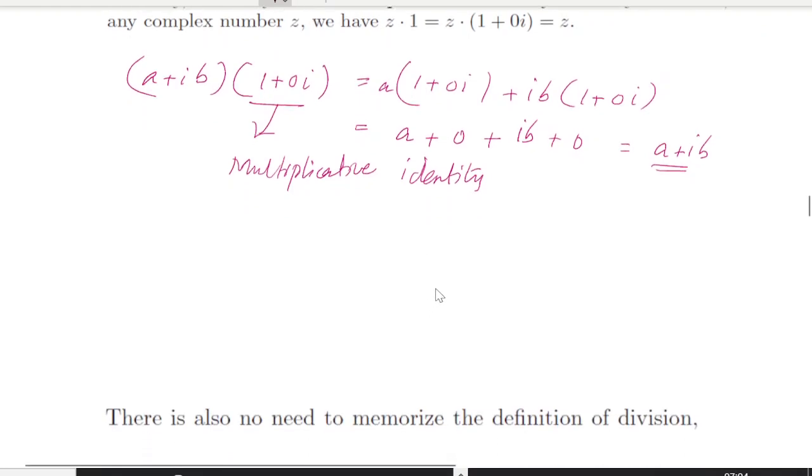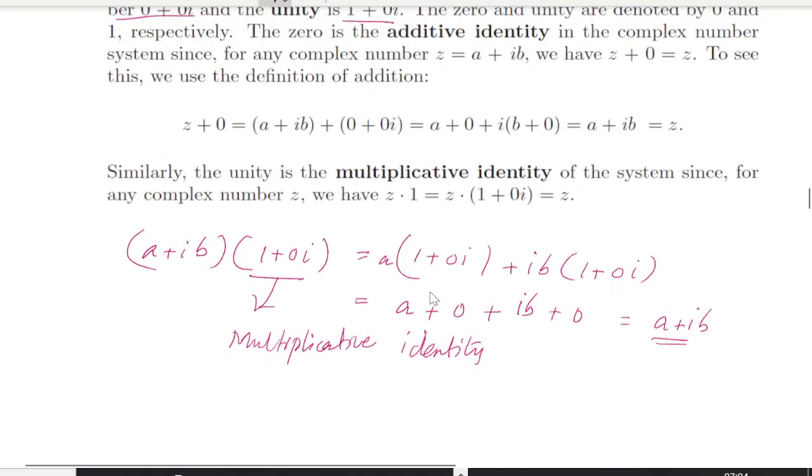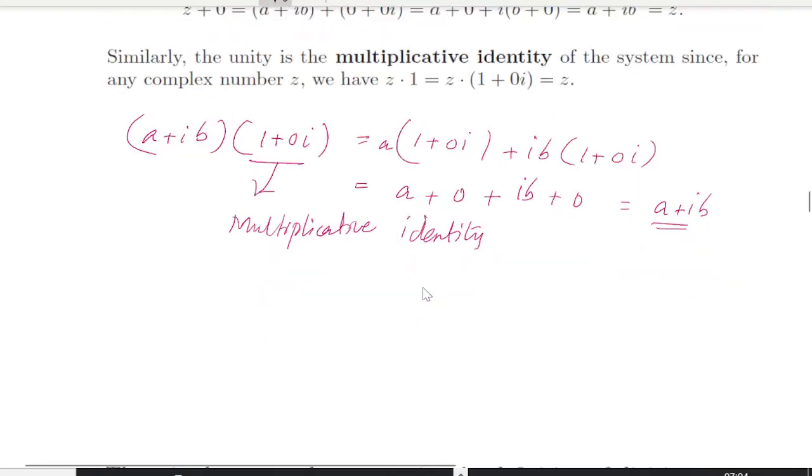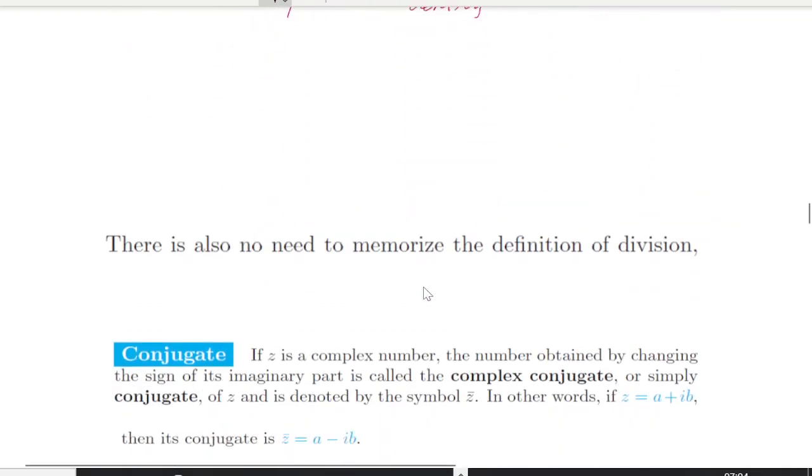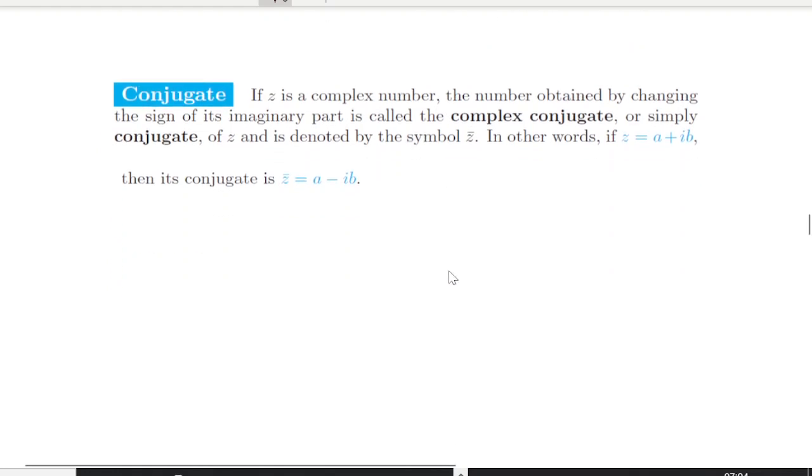Next we have said that there is no need of memorizing the idea of product and division. But product, now you are clear with that. But when you are going for the division, what should be taken care of? First we have the definition of conjugate. Conjugate means that suppose you are given a complex number, some 6 plus 7i, then we denote its conjugate as z bar, that is nothing but 6 minus 7i.